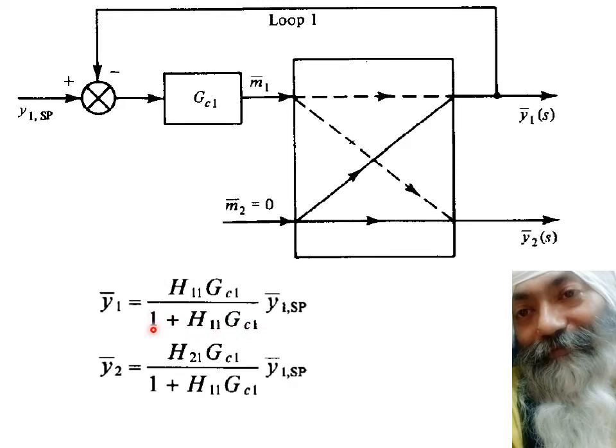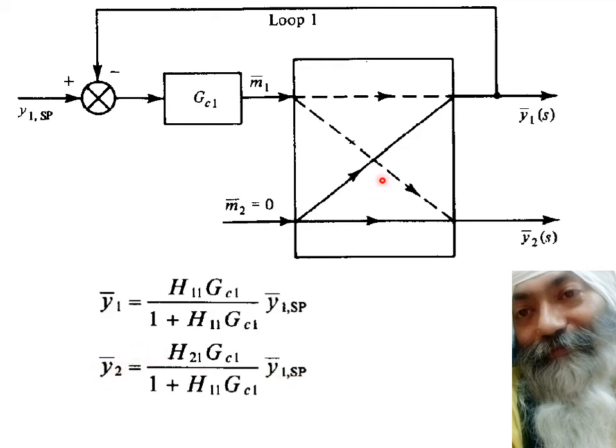But in addition to this, in spite of the fact that we have no manipulated variable getting changed in the lower loop, this y2, the output of the lower loop, is also getting affected by any change in the upper loop. That is, any change in the set point of the upper loop is not only going to affect the output of the upper loop, but the change in set point of upper loop is also going to affect the output of the lower loop.